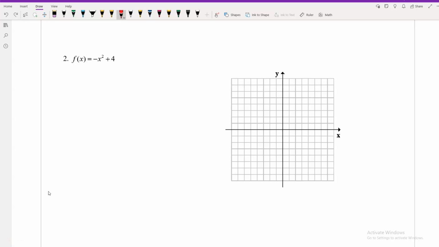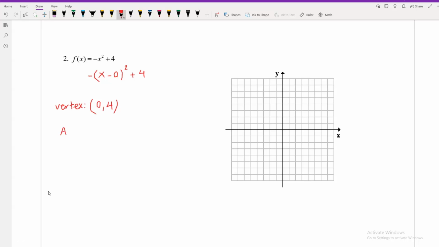f of x equal to negative x squared plus 4. So this one is negative times x minus 0 squared plus 4. Based on that, the vertex is 0, 4.